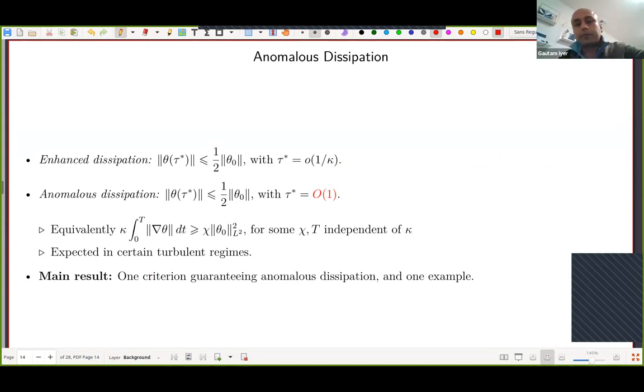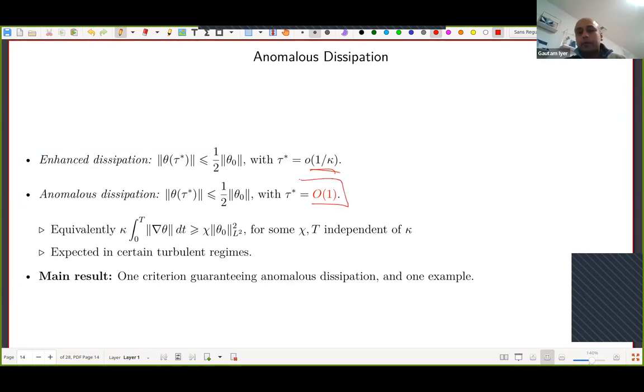Okay, great. Thank you. So in 15 minutes, let me try and give you a flavor of what happens for anomalous dissipation. As I said, enhanced dissipation was when I lose some fraction of my initial energy in time scales which are strictly smaller than 1 over kappa. Anomalous dissipation is when I lose a fraction of the initial energy in time scales of order 1.